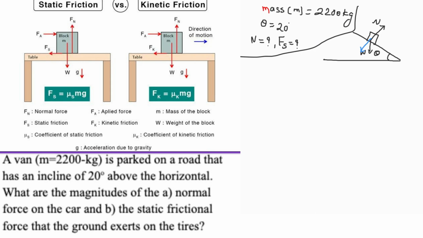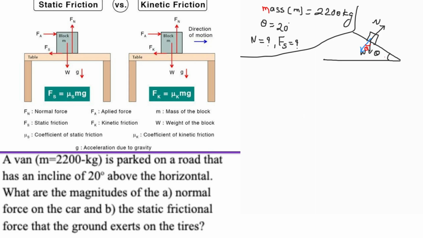That blue line is parallel to the normal force, and your weight is making some angle to it. Let's say that angle is theta, and this is the same theta.